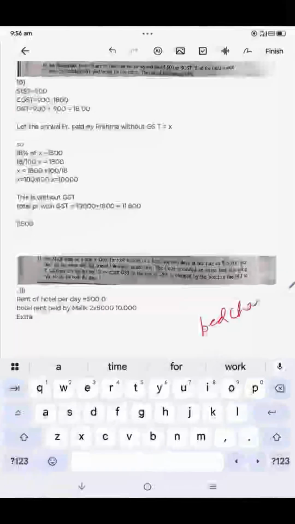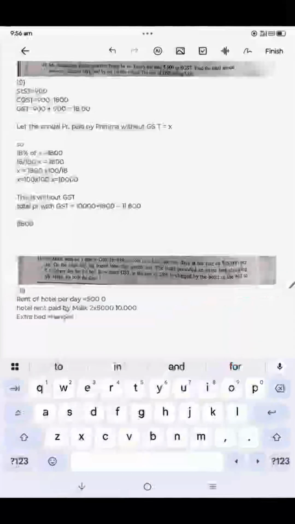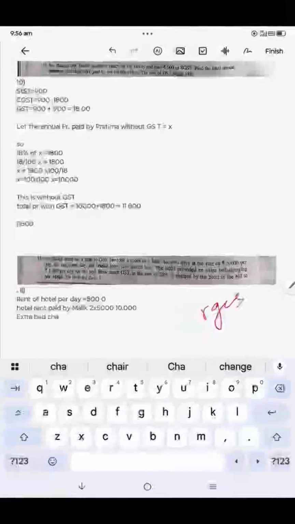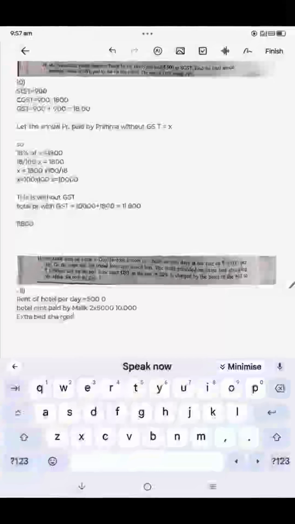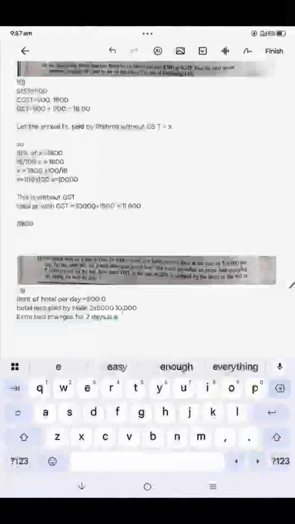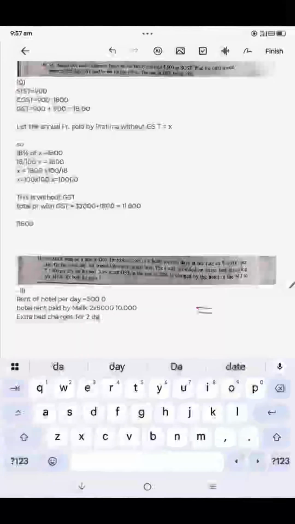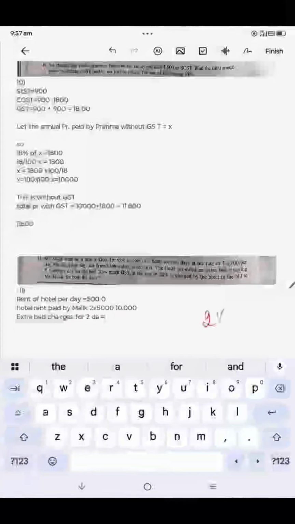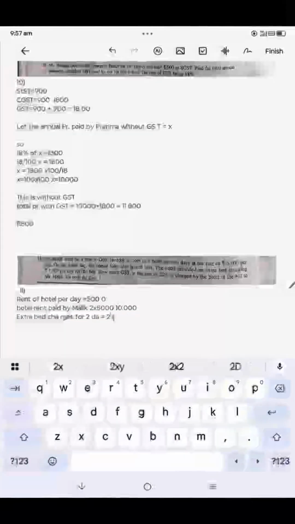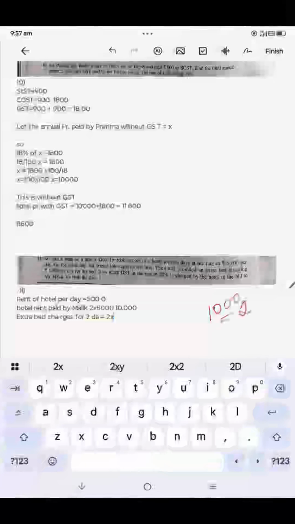Next is the extra bed charge for 2 days. His friend came, so he had to pay extra bed charges. Bed charges for 2 days is equal to 2 into 1,000. Per day it was 1,000 rupees, so for 2 days it is 2,000 rupees.